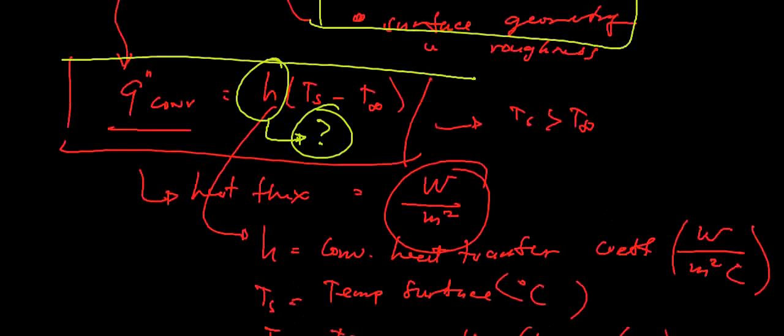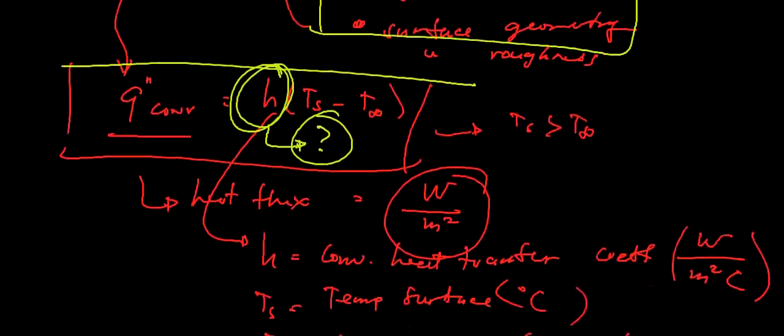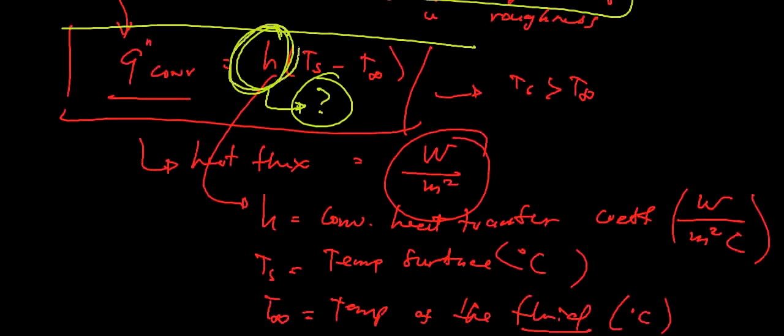You cannot get this easily. You need to consider all these properties and conditions to define this h alone. So that is the main challenge in convection heat transfer: we need to find the value of this convection heat transfer coefficient.